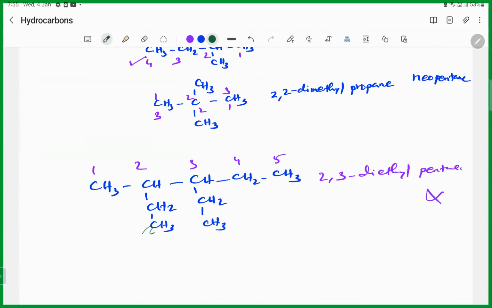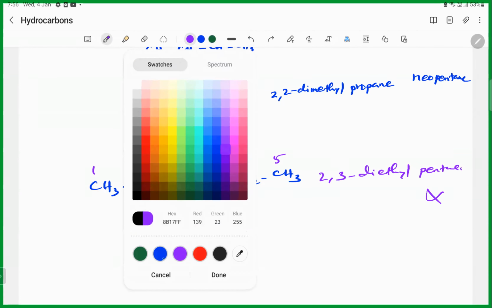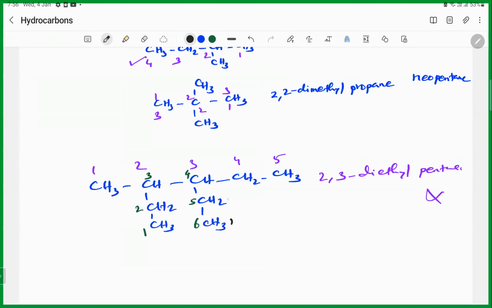I'm giving the name by numbering 1, 2, 3, 4, 5, 6.